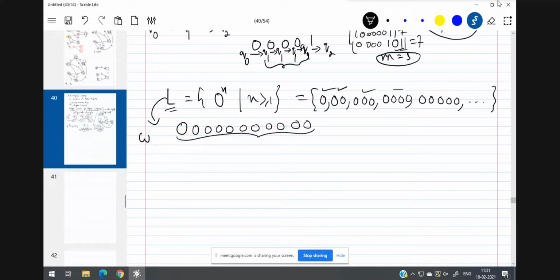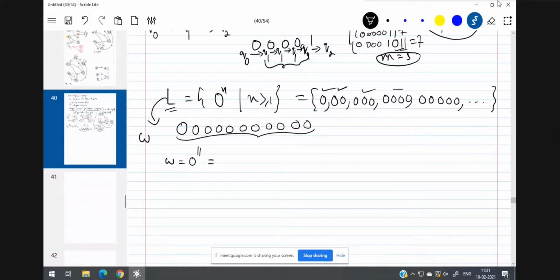Now let me consider one part of this language, 1, 2, 3, 4, 5, 6, 7, 8, 9, 10, 11. So let me consider 0 to the power 11 as a portion from this particular language. Now, as per this pumping lemma, they're asking us to split this W into 3 portions.